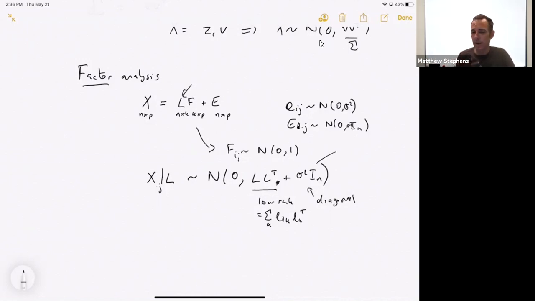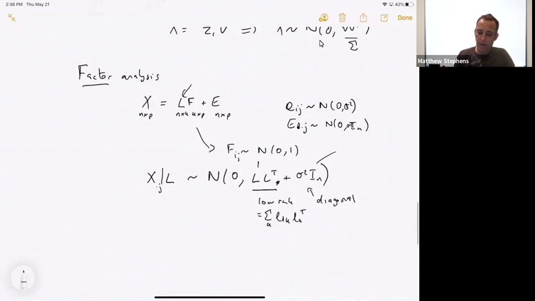As I said before, in some ways the identity is the easiest one to get your head around. Everything's independent. The low rank is the next easiest. And if you can get your head around both of those, you're just adding two random normals, one which looks like one and one which looks like the other, to get a low rank plus diagonal.